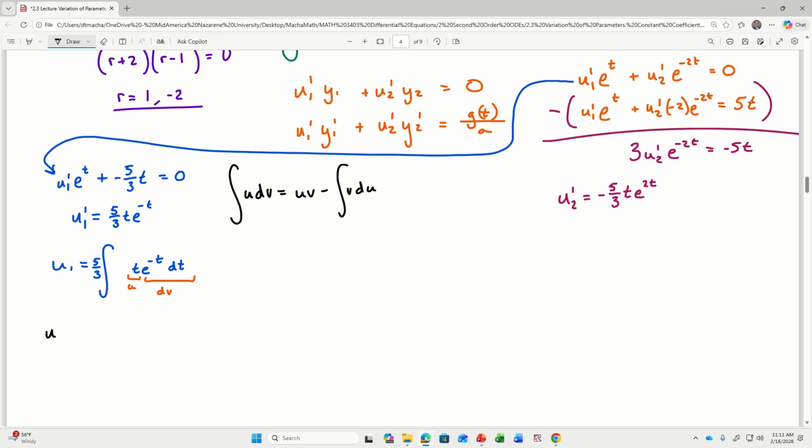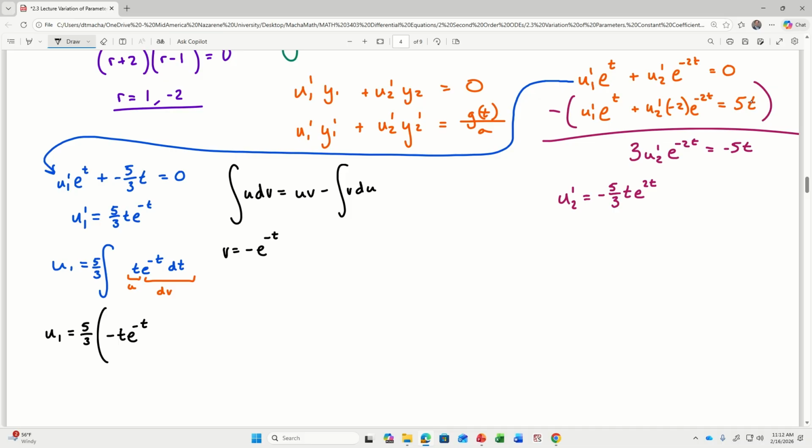So now writing u1 using the integration by parts formula, I should work all the parts.